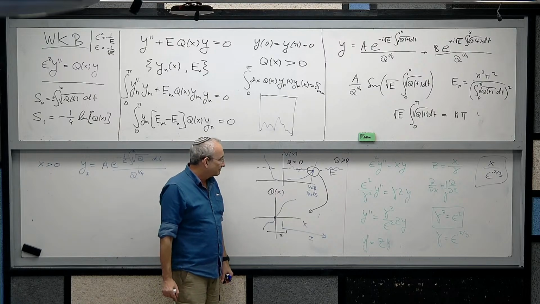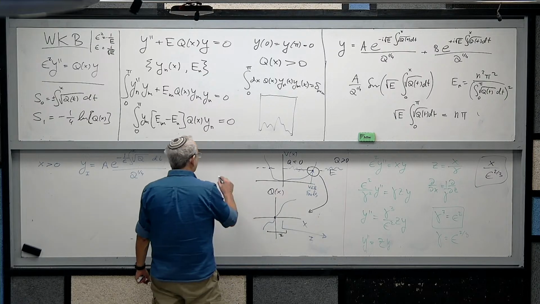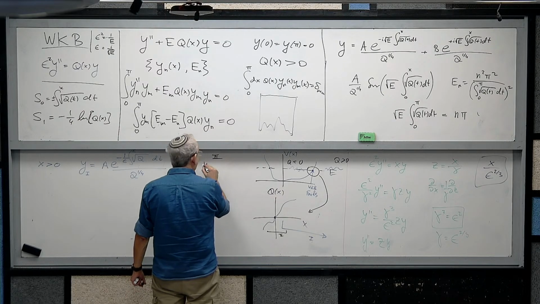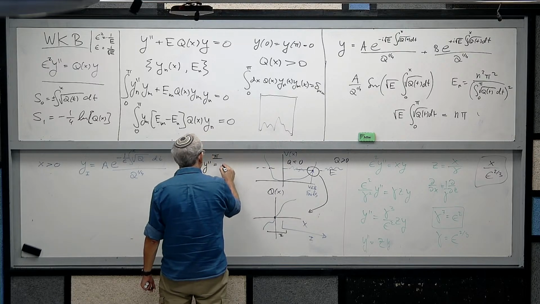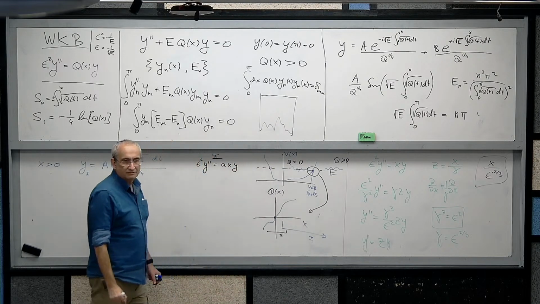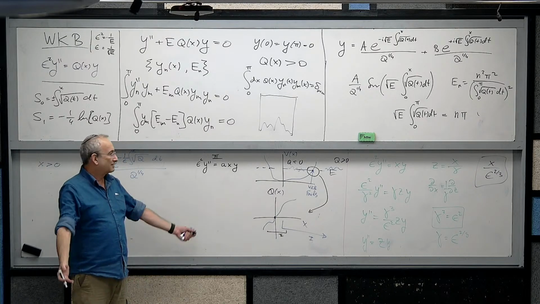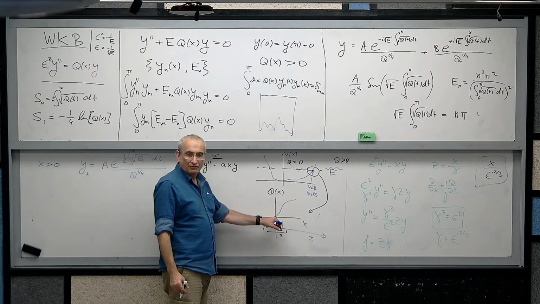Here is the trick. In region number 2, I claim that epsilon squared y double prime is equal to ax y. Why that? Because it's a Taylor expansion. Exactly. I know that q at 0 is 0.